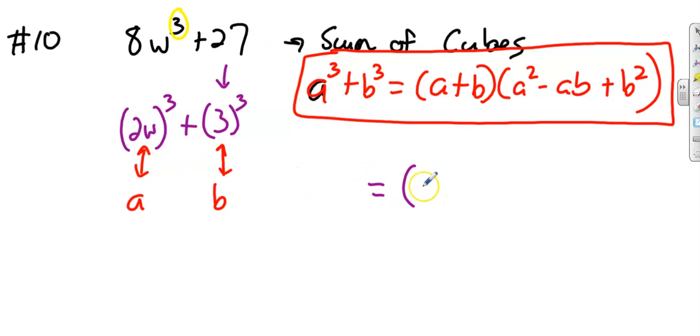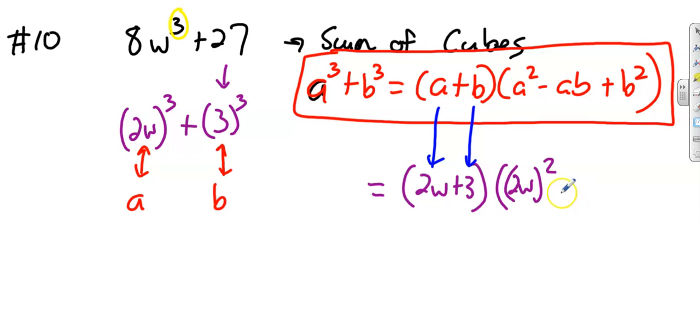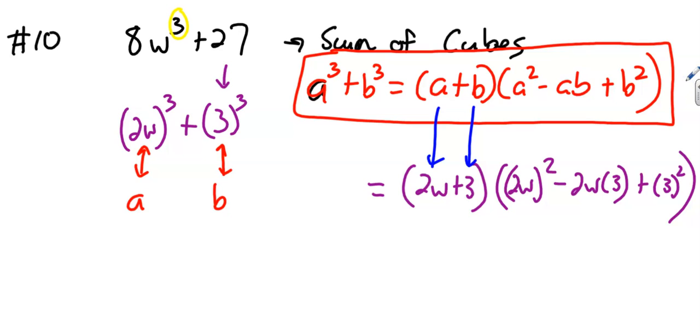So we're going to do 2w plus 3. We're going to do a squared, which would be 2w squared, minus 2w times 3, plus 3 squared.